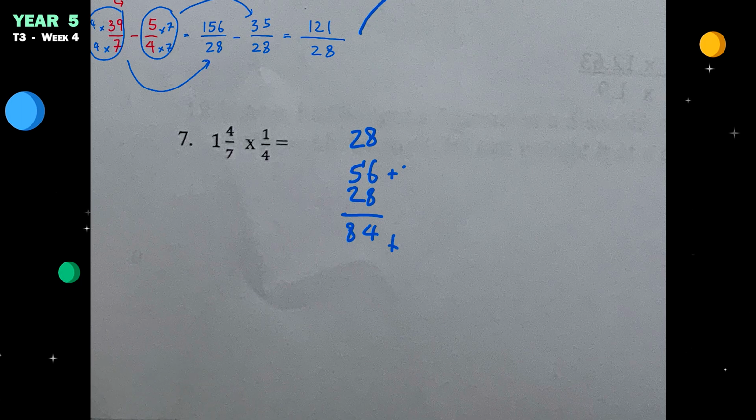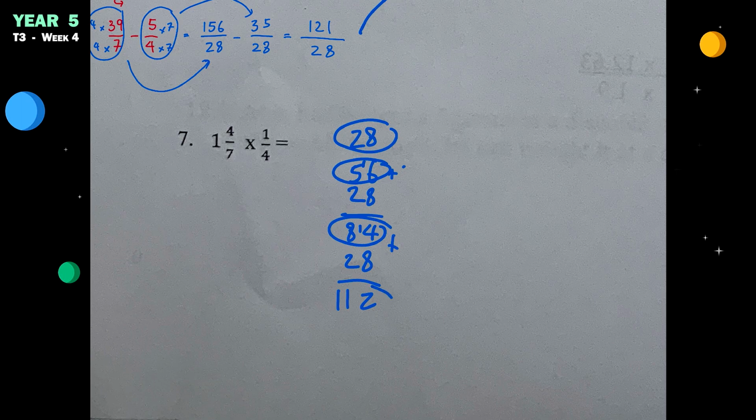Let's keep adding 28 to it. 84 plus 28 is 112. So 28 is 1, 56 is 2, 84 is 3, 112 is 4. So therefore, we got the whole number part to be 4.